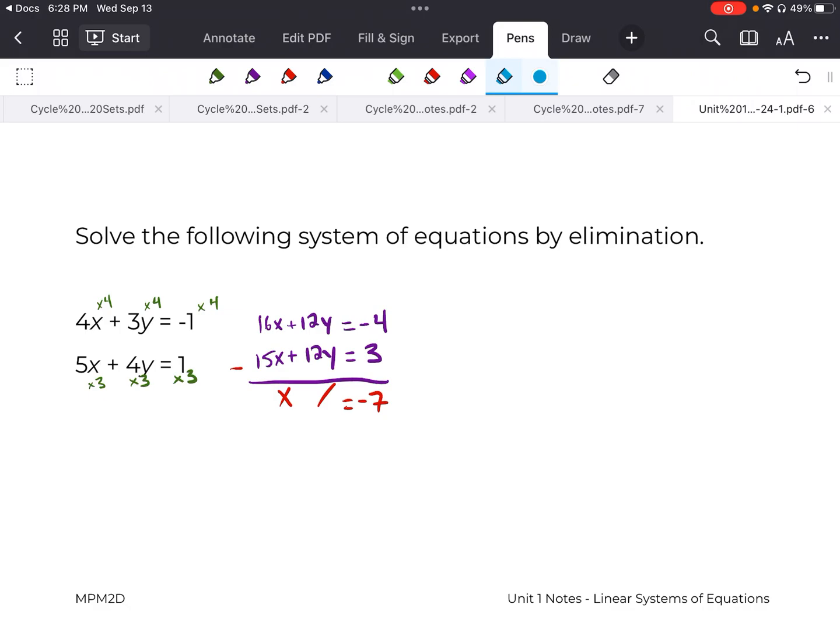Okay, now we can take this x value, plug it into either of the original equations. Let's just use the top one here. So we get 4 times negative 7 plus 3y equals negative 1. Negative 28 plus 3y equals negative 1. We will add 28.